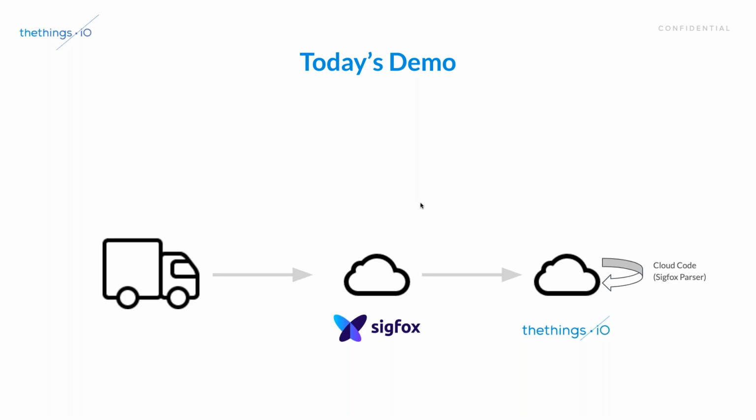on Sigfox. To give potential to companies and developers, we like to do all the data transformation in TheThingsIO, with what we call a Sigfox parser in our cloud code. When you create a Sigfox product, we automatically create a Sigfox parser, and with it you can start playing with the data. Why don't we use a Sigfox transformation?